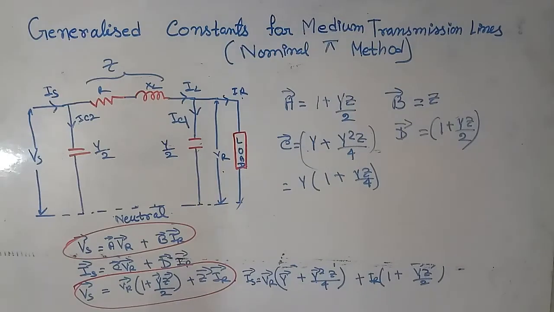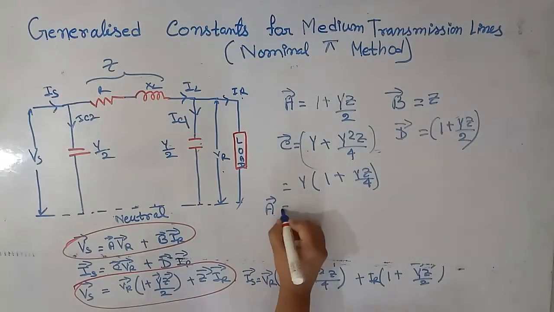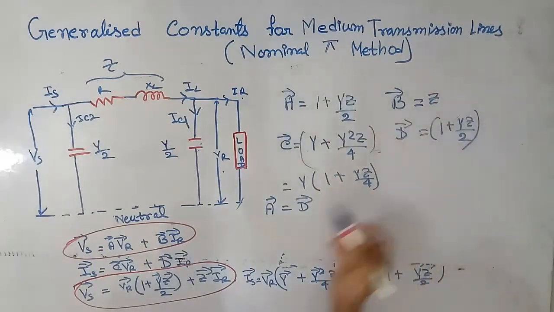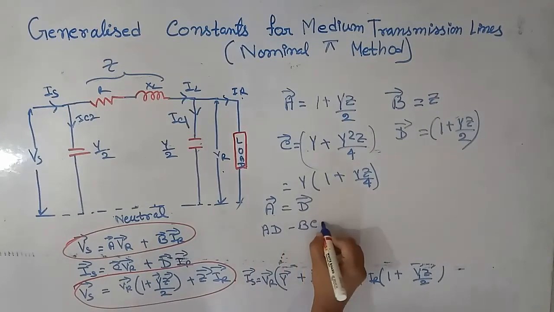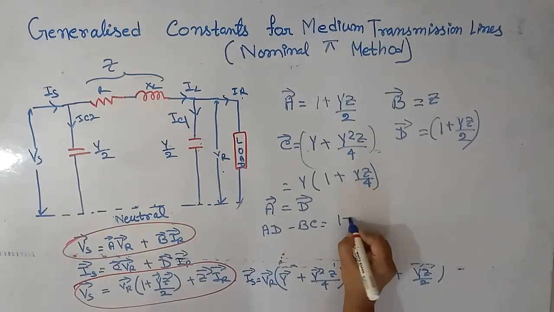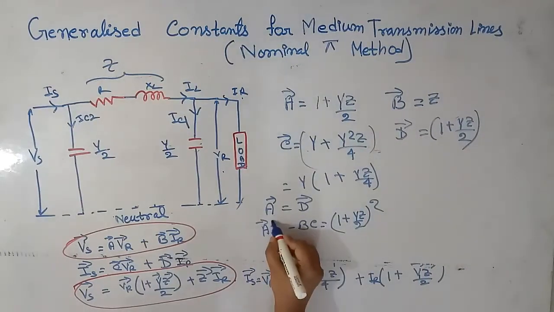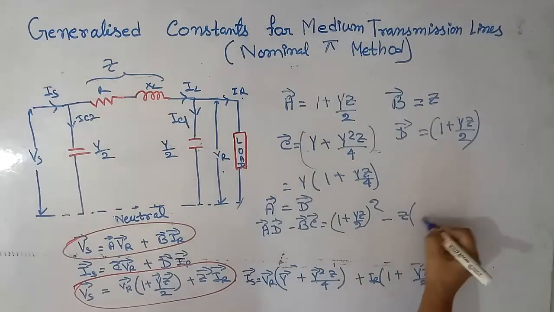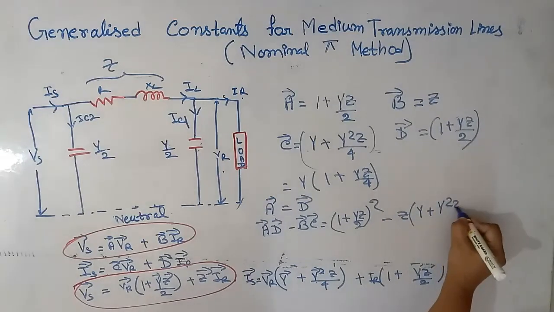Now from here we can see that A equals D, both are equal to 1 plus YZ by 2, and AD minus BC is equal to (1 plus YZ by 2) whole square minus Z into (Y plus Y square Z by 4).